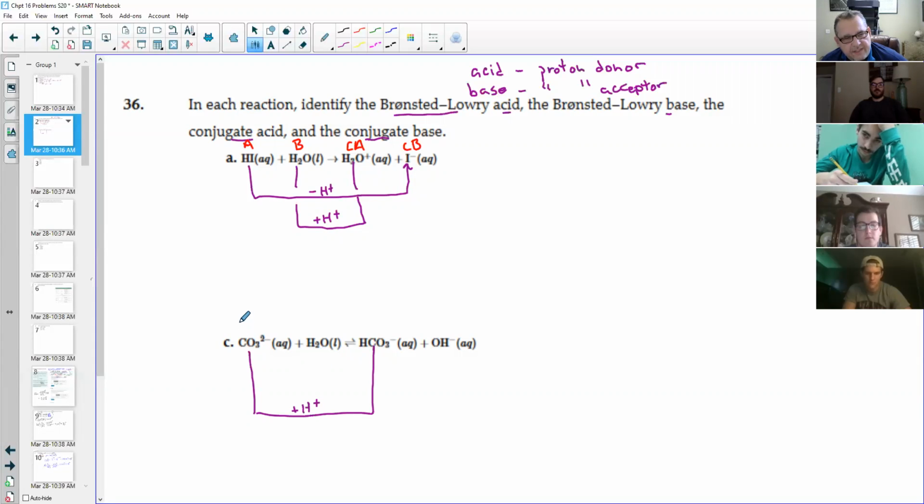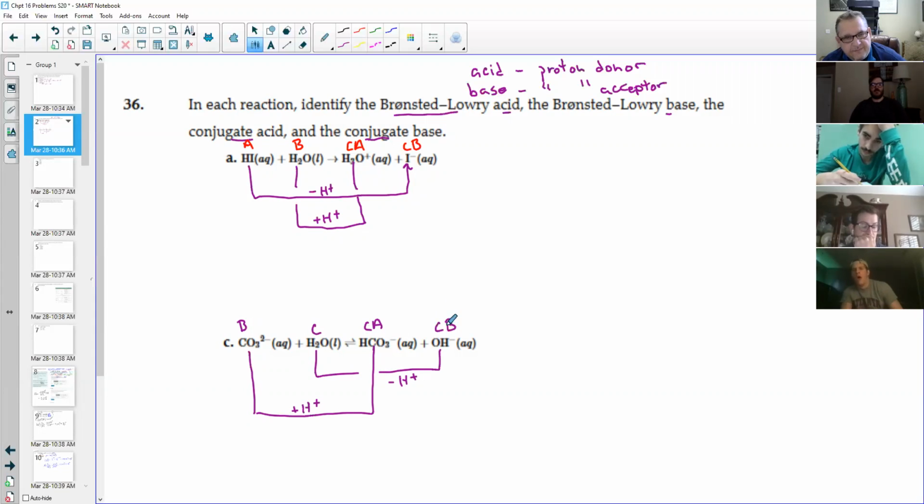So that means it's the base in the system. That instantly tells me this is going to be the conjugate acid in the system. If I look at what happens in the other half of it, I've got water going to the hydroxide. So it does that by losing the proton.